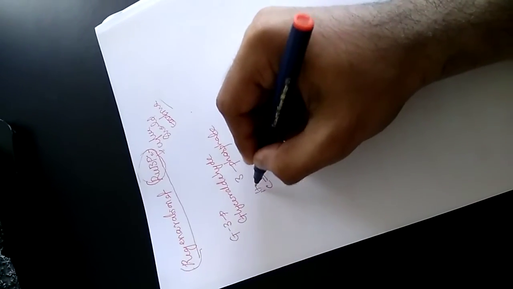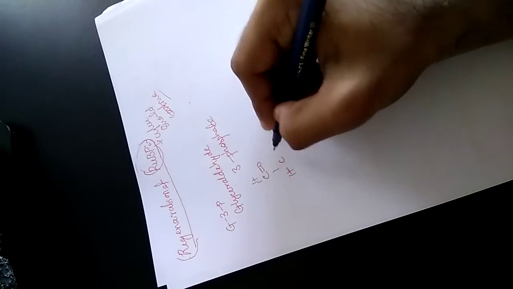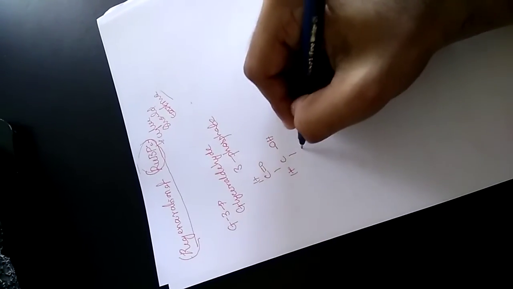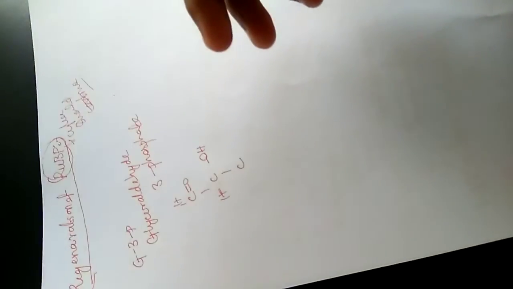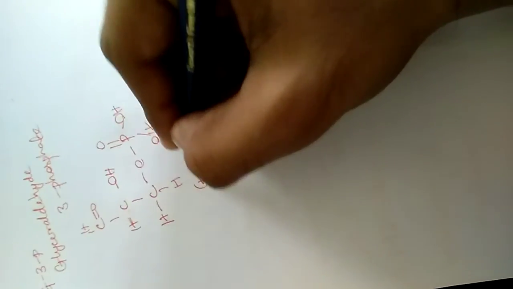The structure of the compound is the following. So this is the structure of glyceraldehyde 3-phosphate. Okay, this is the structure of G3P.